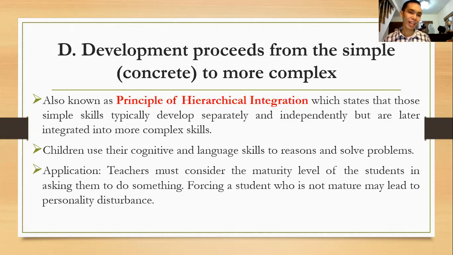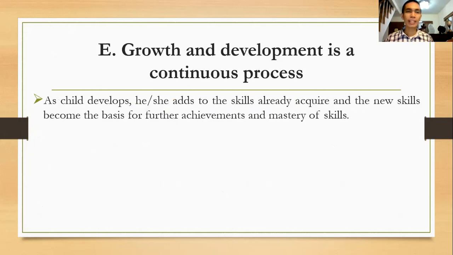So we need to be aware of that: if we are going to plan an activity for them, we need to start with something simple before we give them a complex activity. All right, so letter E, growth and development is a continuous process.